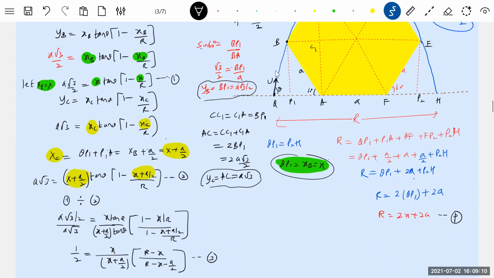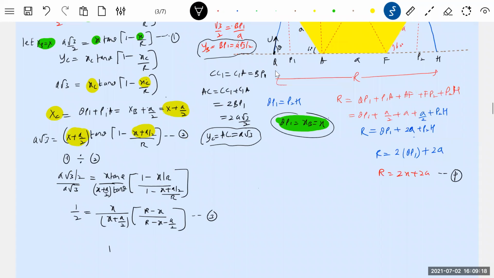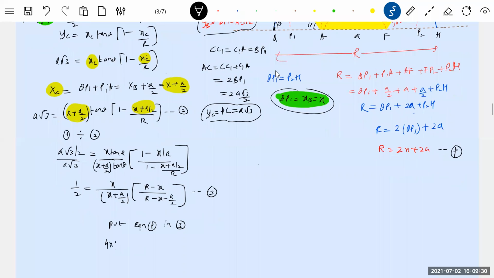Anybody should give me some answer. Substitute. Put equation P in 3. Some quadratic equation, 4x square. Yeah, somebody has written. Thank you. Then this will be 3a square.